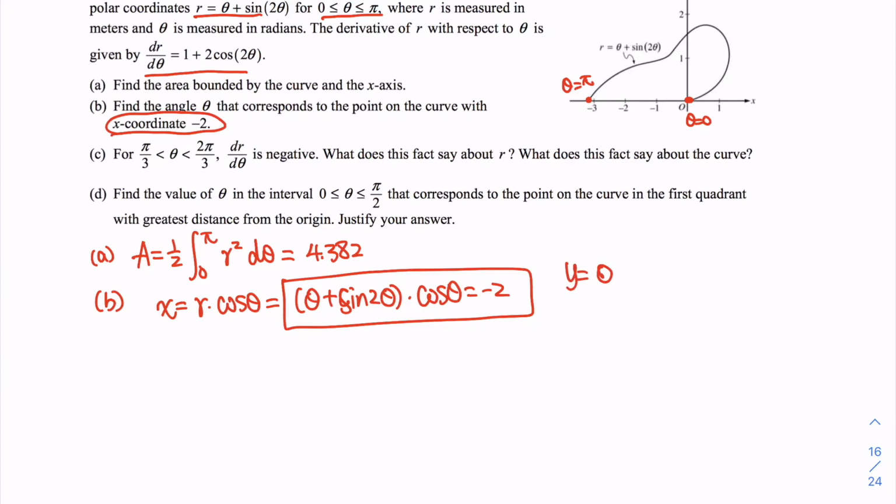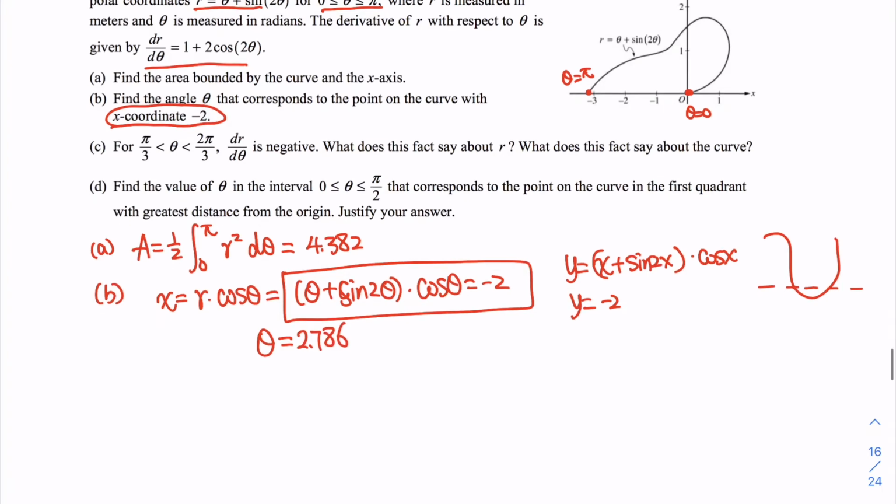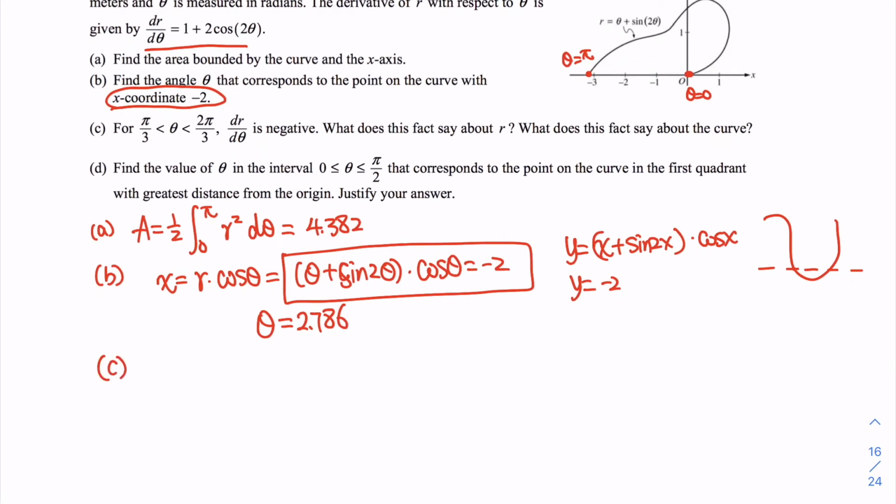You can treat theta as x in rectangular form, plus sine 2x times cosine of x, and then you plot y equals -2. You find the intersection. So in this case, theta equals 2.786.